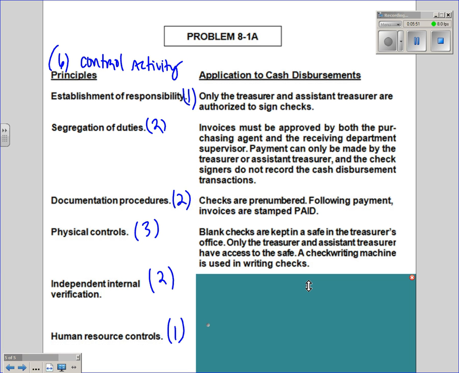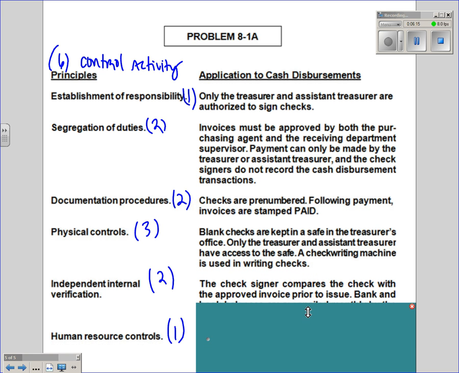Independent internal control. You remember another word for that? Starts with A. You can have internal ones or external ones. Auditors. Okay. Or just like when Mr. Kehoe does pop-in visits. He's an auditor, basically. An internal auditor checking to see that I'm doing my job. Okay, so it looked like there were 2 there. The check signer compares the check with the approved invoice prior to issue.